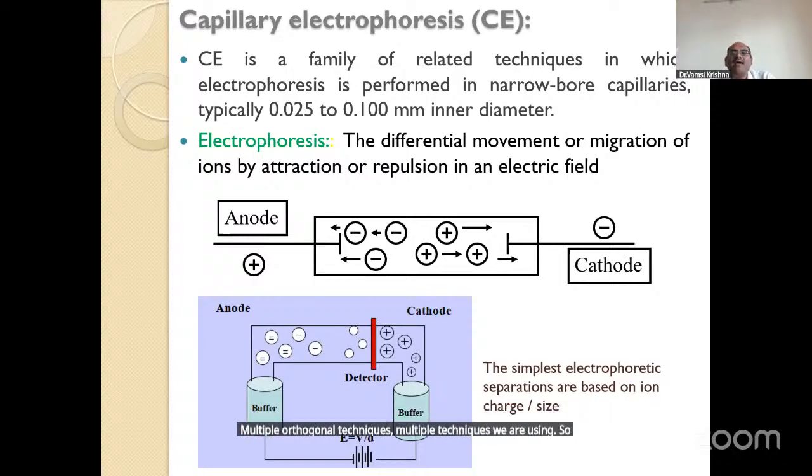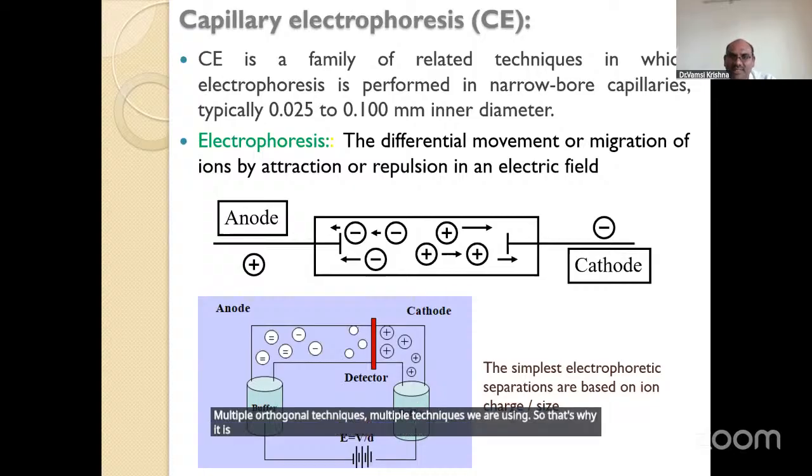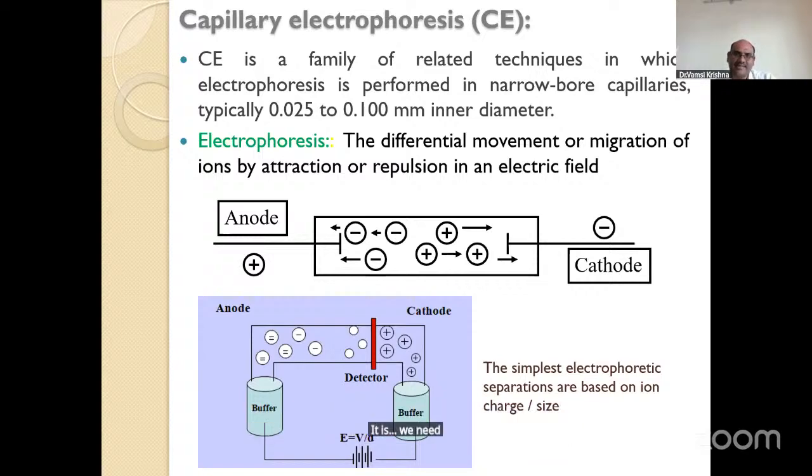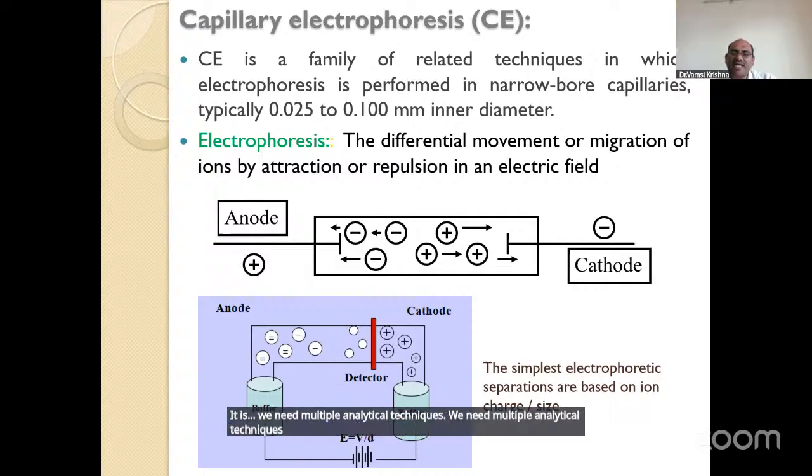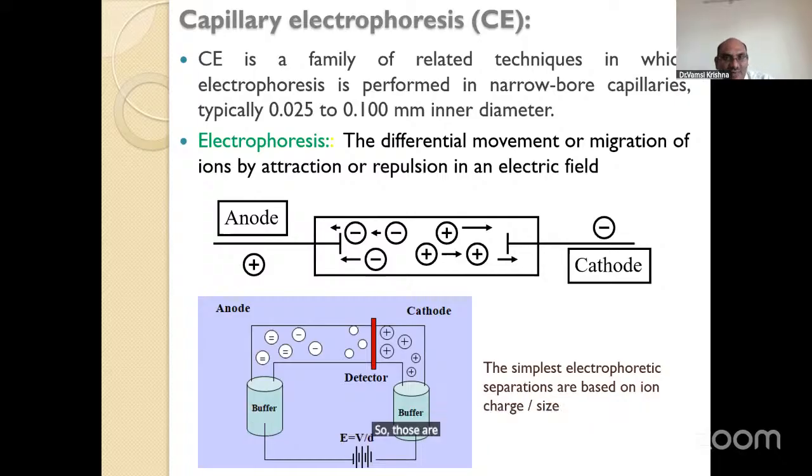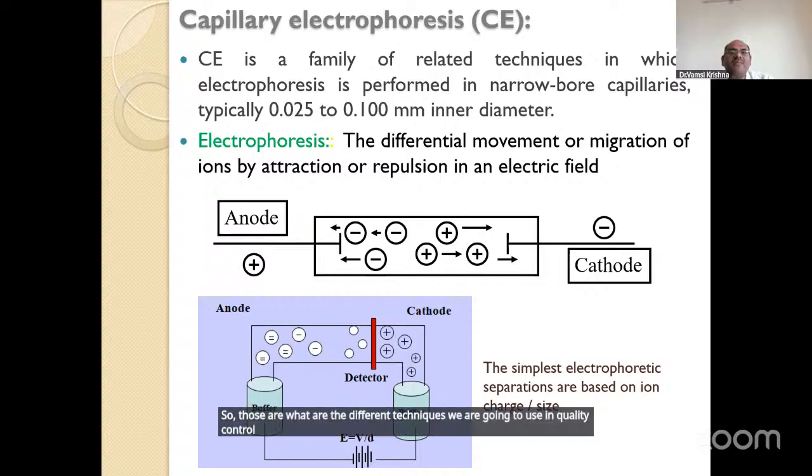That's why it is a very costly process for production of biopharmaceuticals, and characterization of a biopharmaceutical is a very costly affair. It is not a simple thing. We need multiple analytical techniques for characterization of key attributes. Those are the different techniques we are going to use in quality control of biopharmaceuticals.